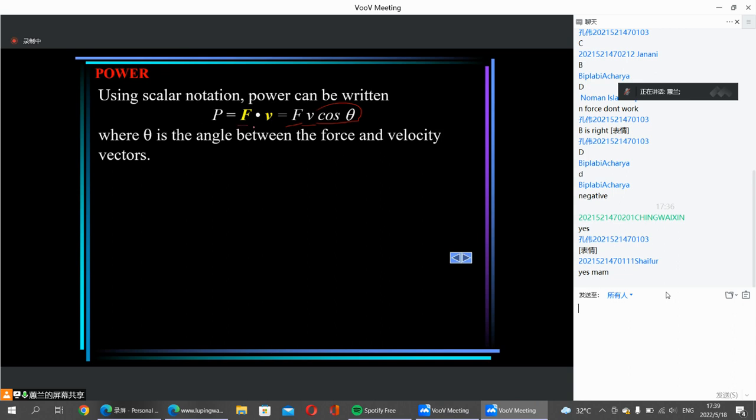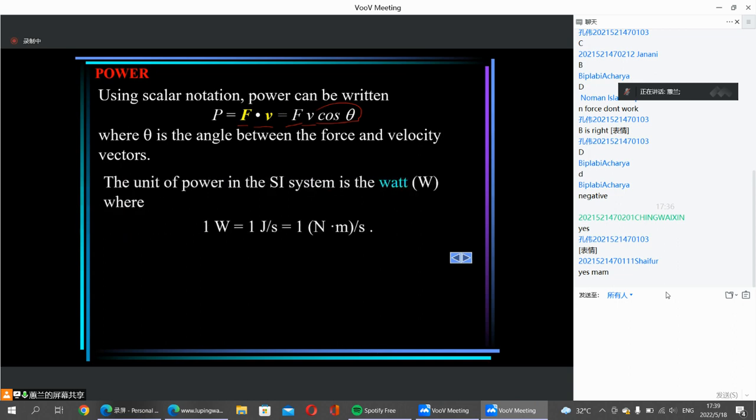Again, if the force is perpendicular to the velocity, the power will equal zero. In the SI system the unit is the watt, and 1 watt is equal to 1 Newton meter per second.